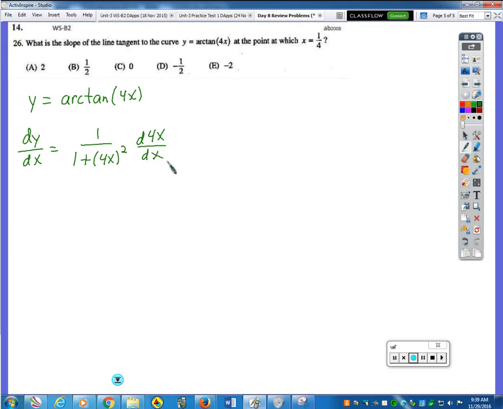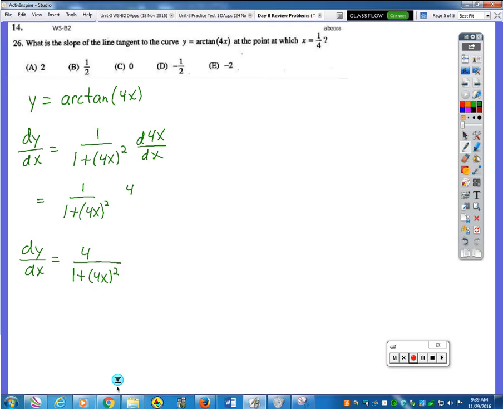So we have a question from there. So keep going. So I have dy dx is equal to 4 divided by 1 plus 4x all squared.